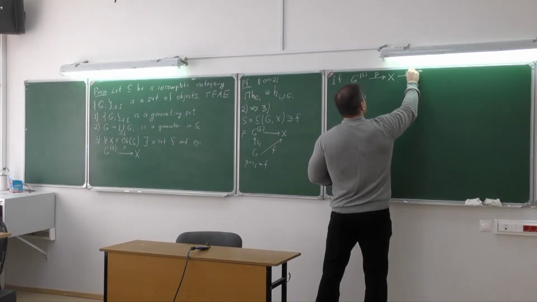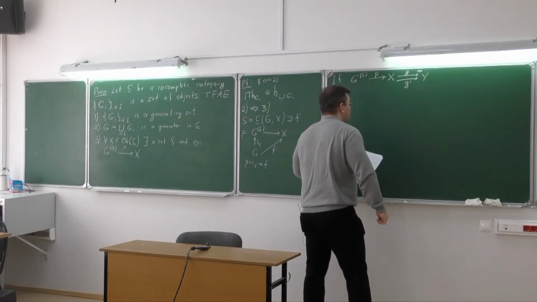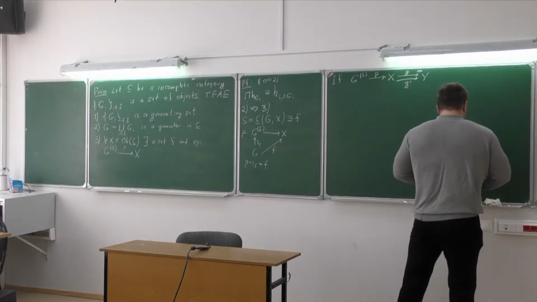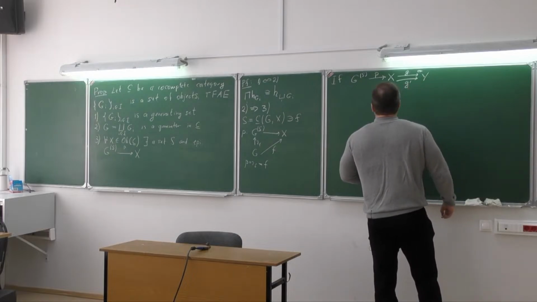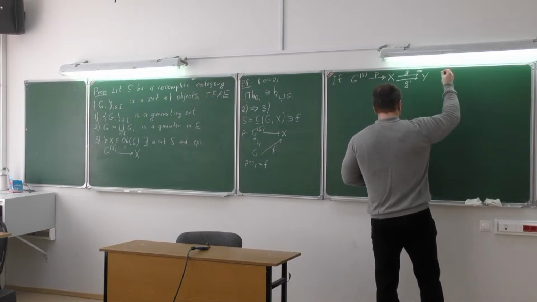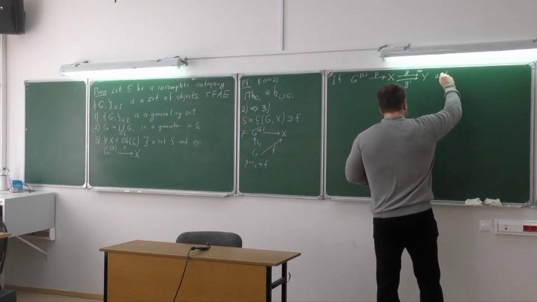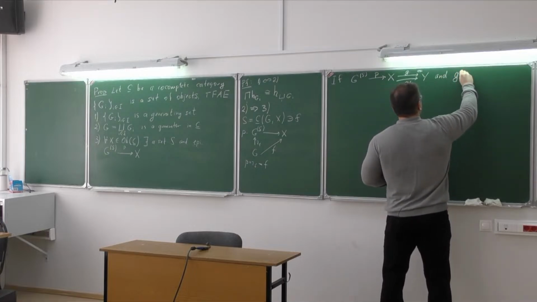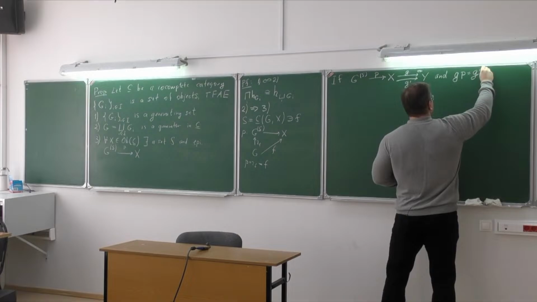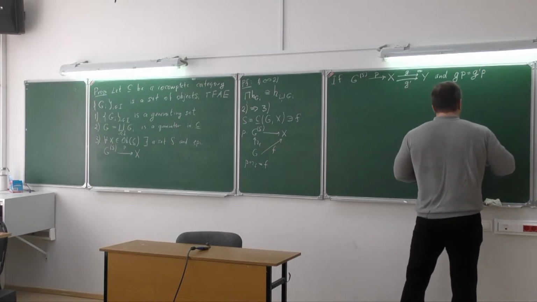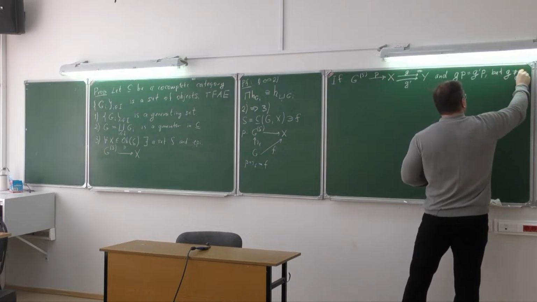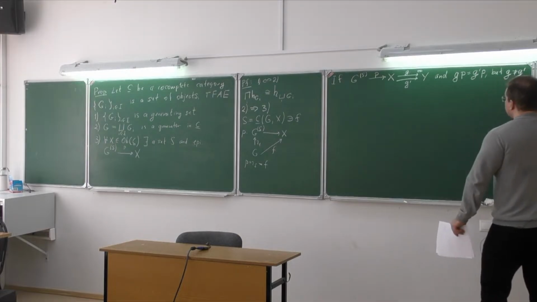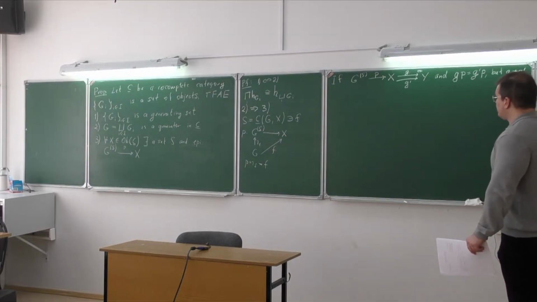I'm going to call these maps g and g prime, two maps to some object Y. And if we assume that, well, the composition of g and P is the same as the composition of g prime and P, but g is not equal to g prime, right? So I'm assuming that this is not an epimorphism. So I want to get some contradiction from this.